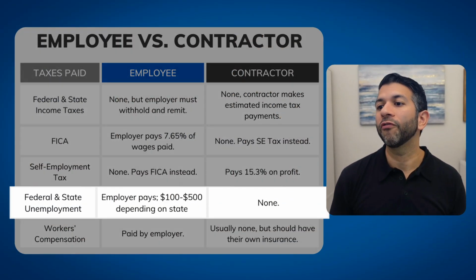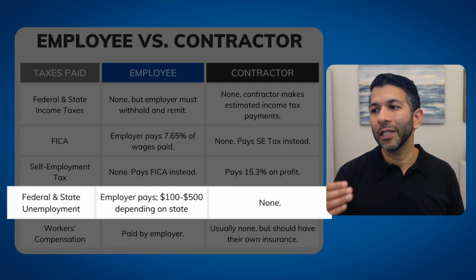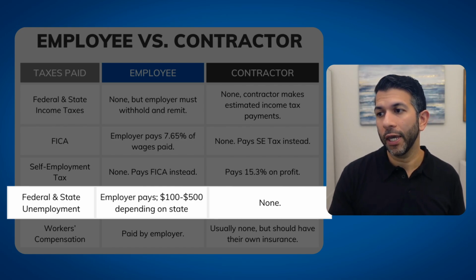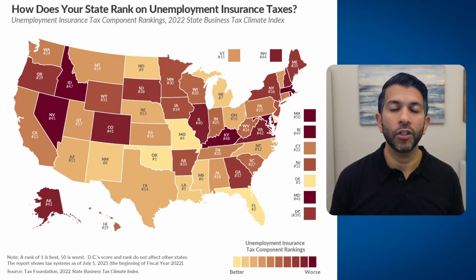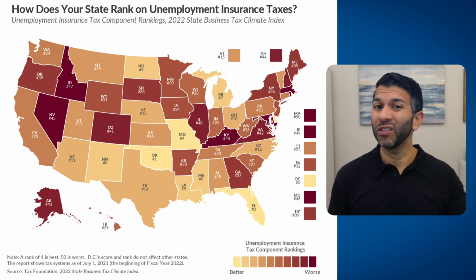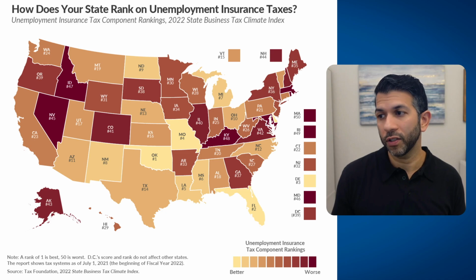Let's go to the next row, federal and state unemployment. Now, when you hire an employee, you're typically going to have to pay the Fed some money as well as the state, okay? The state kind of depends. I have a map here that you can have a look at to see which states cost the most for this, but anywhere from, could be as low as $50 sometimes, but all the way up to $500, $600, $700 at times as well, okay?